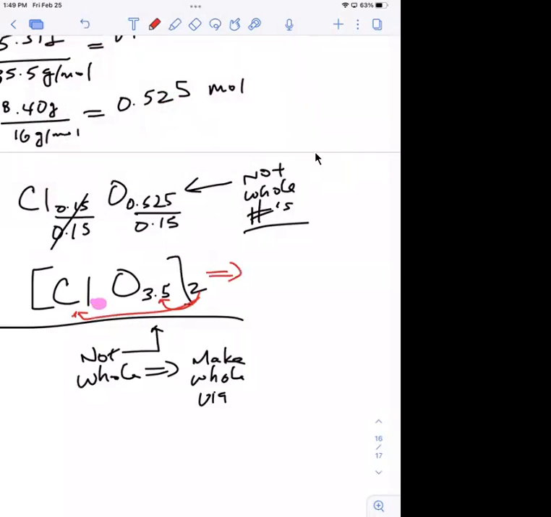That's the procedure. So when you're doing empirical formulas, when you come up with a fraction in your formula like that, 3.5, then you just have to make it whole, right? So you make it whole via multiplying.